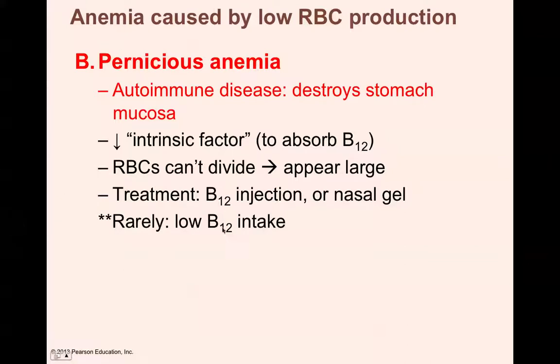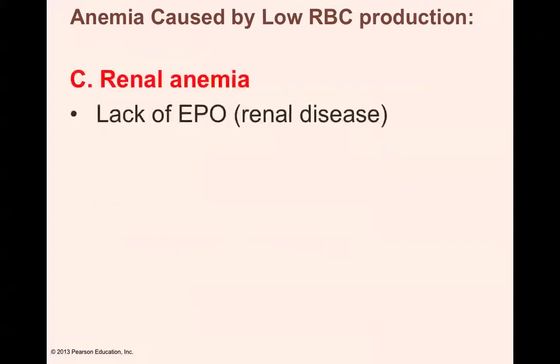This is very rarely due to low vitamin B12 intake. In the diet, it's not hard to find vitamin B12. There's another cause of low red blood cell production, and that's renal anemia.